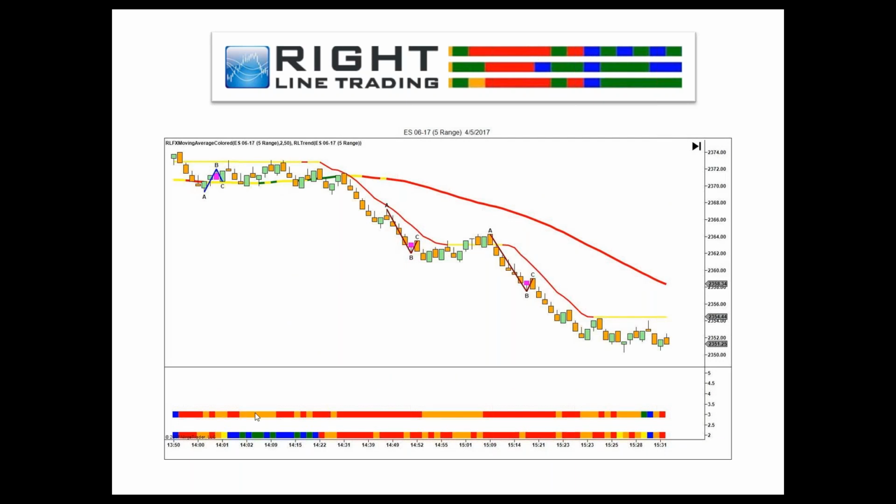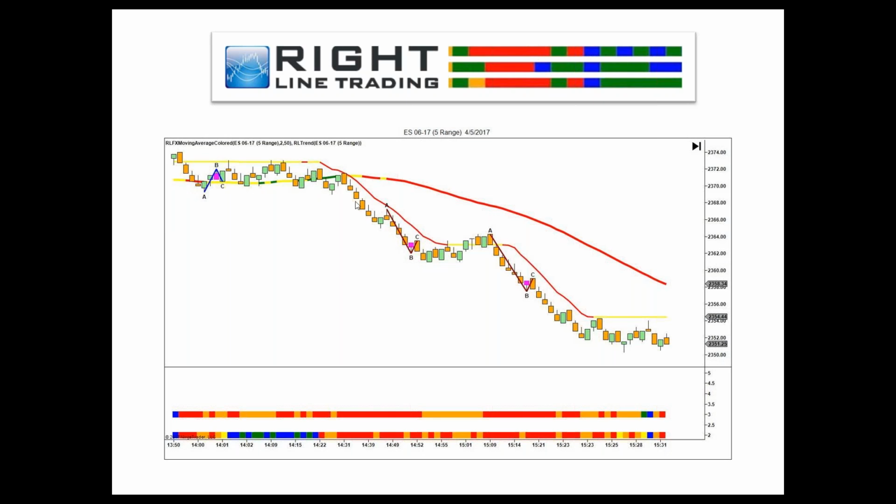Now, what happens when these two independent variables don't align? Remember, I think that we all scratch our heads and wonder, why does the market chop 70% of the time? And this gives you a window into what develops chop. There are independent forces that come to bear on price.